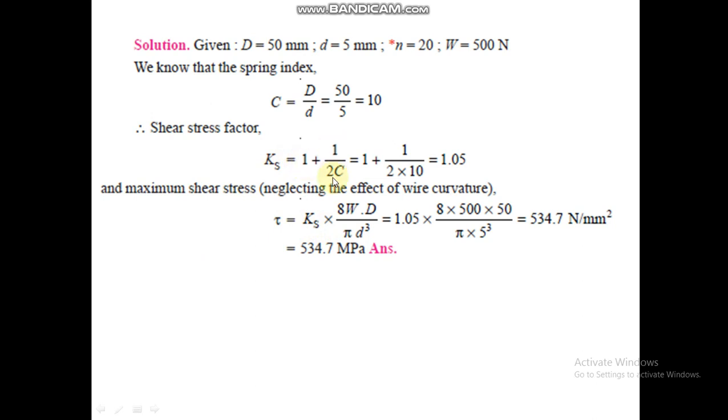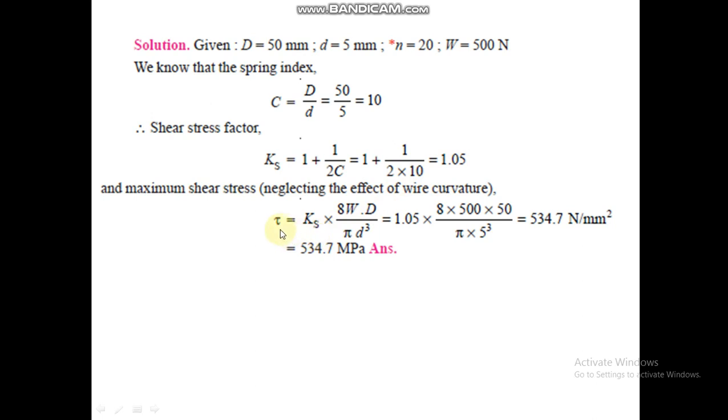Here c is the spring index, calculated as capital D by small d, and it is 10. So from the spring index we calculate the shear stress factor, 1 plus 1 by 2c, and it is 1.05.